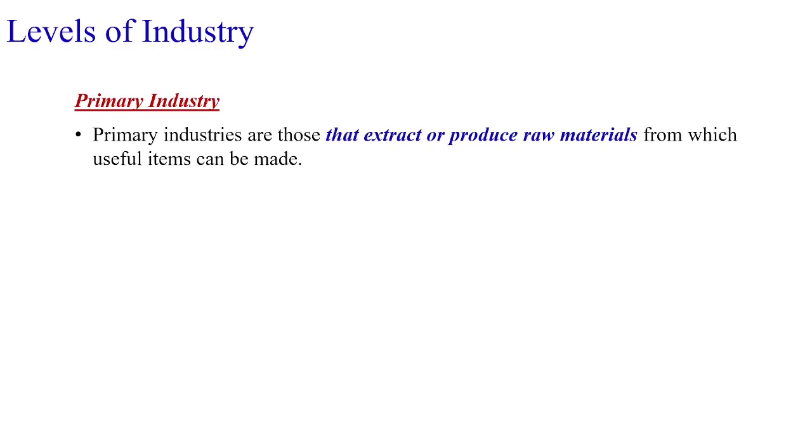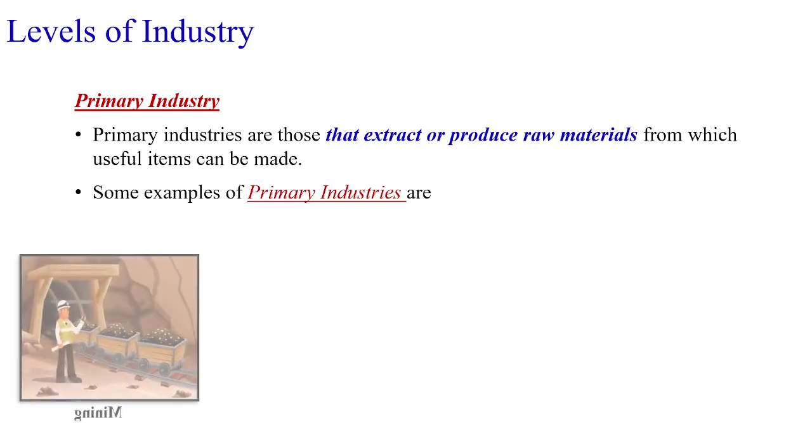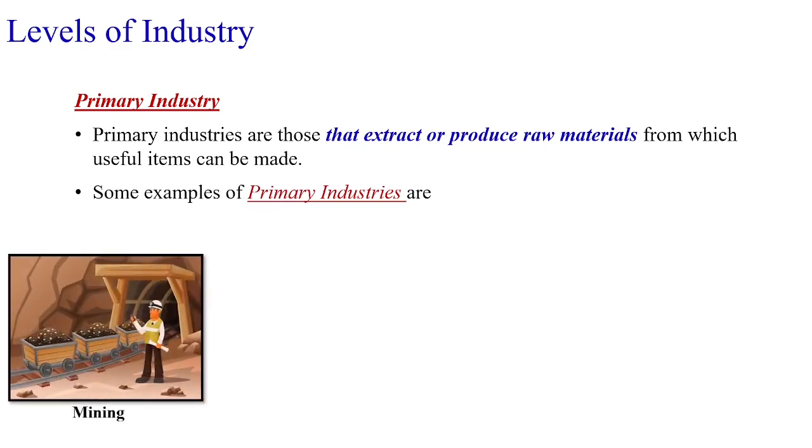So first is primary industry. Primary industries are those that extract or produce raw materials from which useful items can be made. Some examples of primary industries are: first, mining.